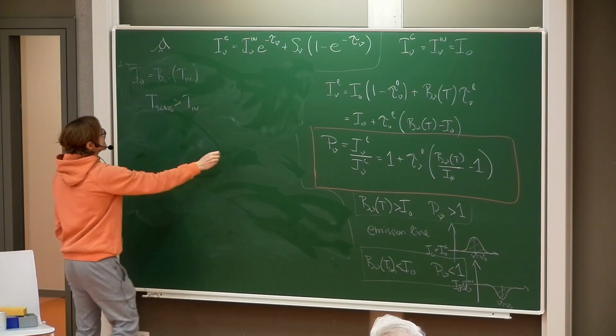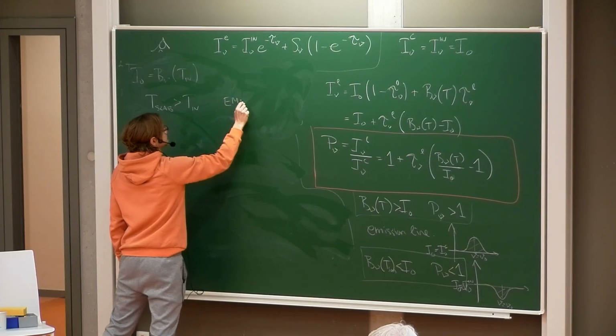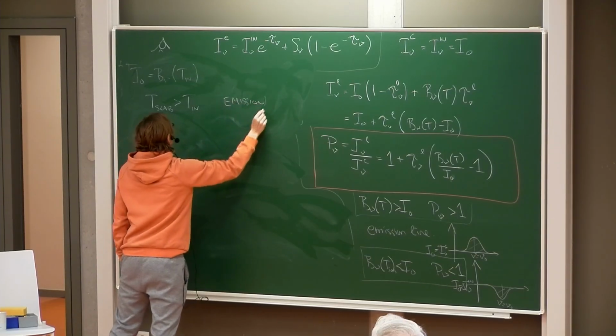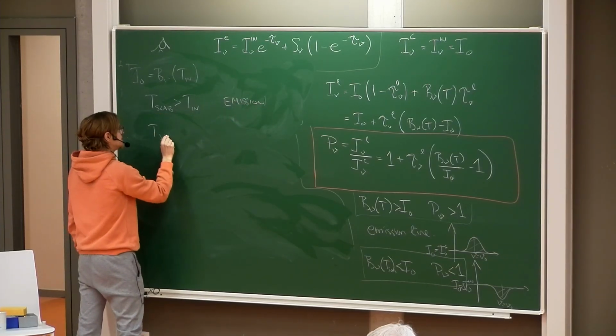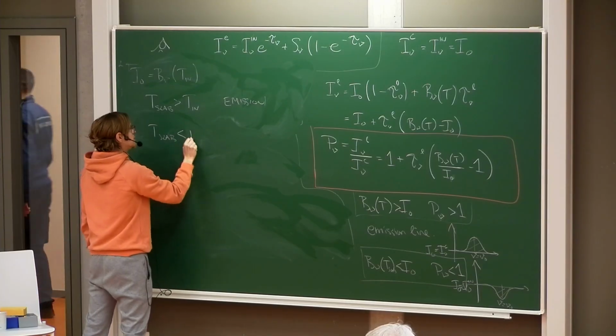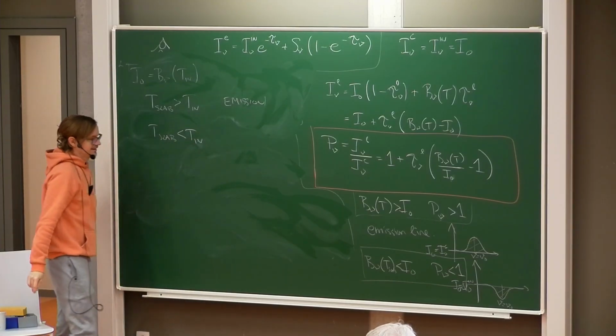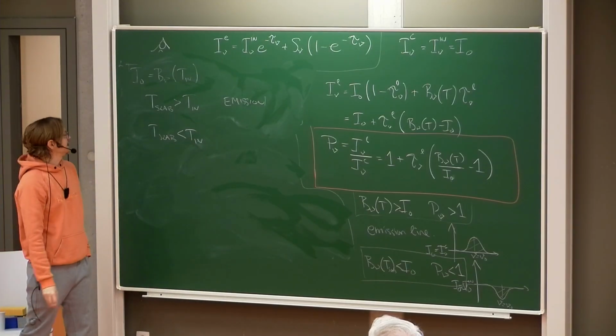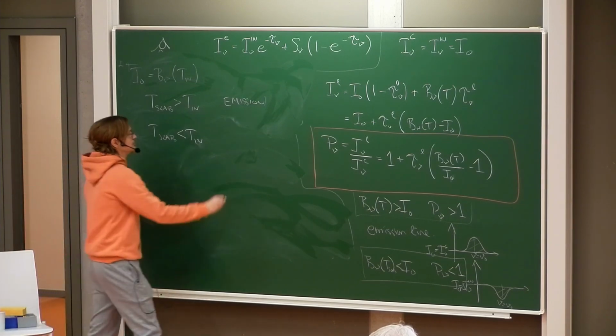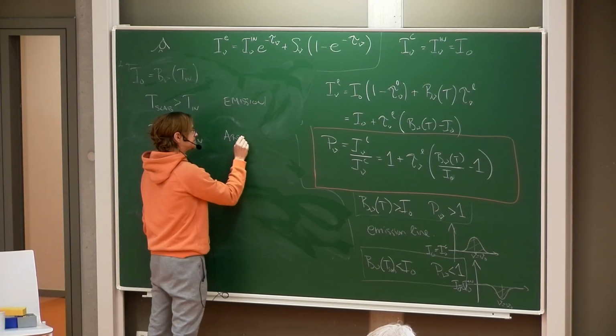Vice versa, if T slab is lower than the temperature of the incoming radiation field, then we get an absorption line.